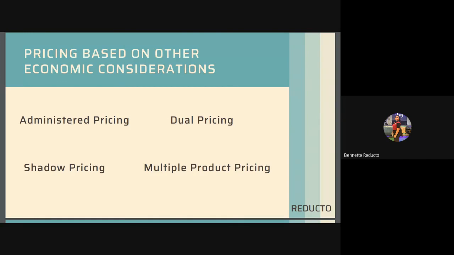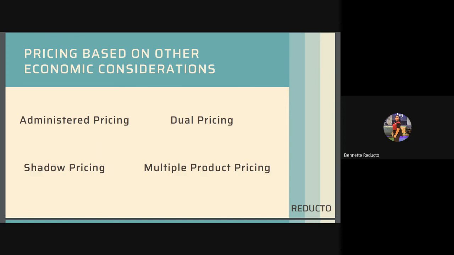There are certain characteristics of administered prices. First, they're fixed by the government. Second, they are statutory. The third one is they are regulatory in nature. Next, they are meant as corrective measures. And fifth, they are the outcome of the price policy of the government.